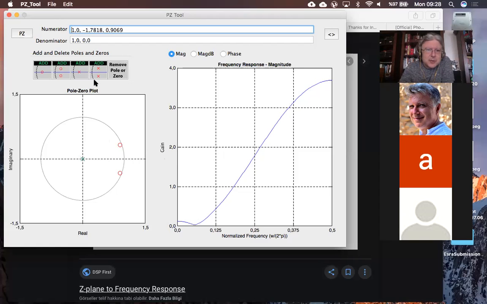This is a very nice application, by the way, where you can add and remove zeros and poles. Let's add a reciprocal pair of poles. Now, for example, I add some poles at this frequency.